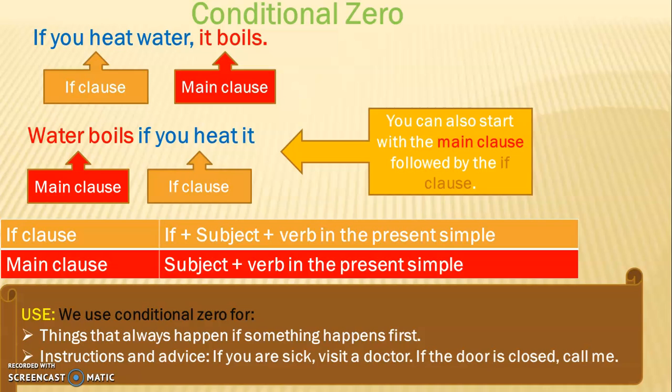I'm going to work with the second part in another video. So I'm finishing this video here, and then we are working with a poem using the zero conditional.